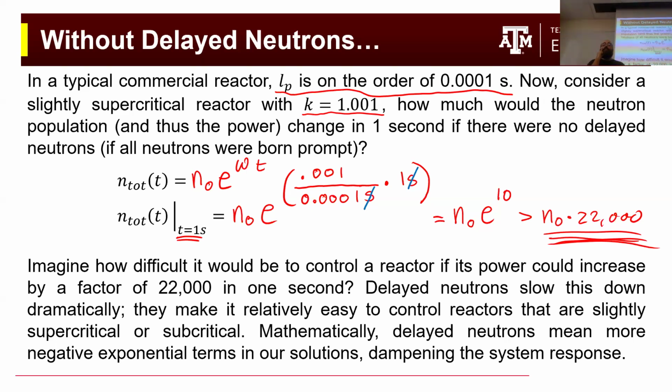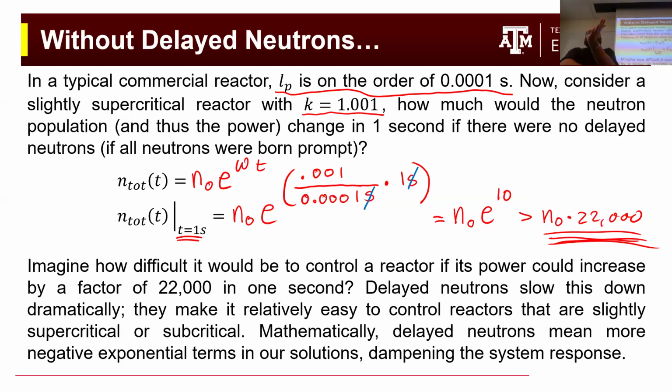And my power is proportional to my neutron density and neutron flux. So if my neutron population is going up by that much in 1 second, you can imagine that my power and other quantities in my reactor are going to be increasing at a similar rate.